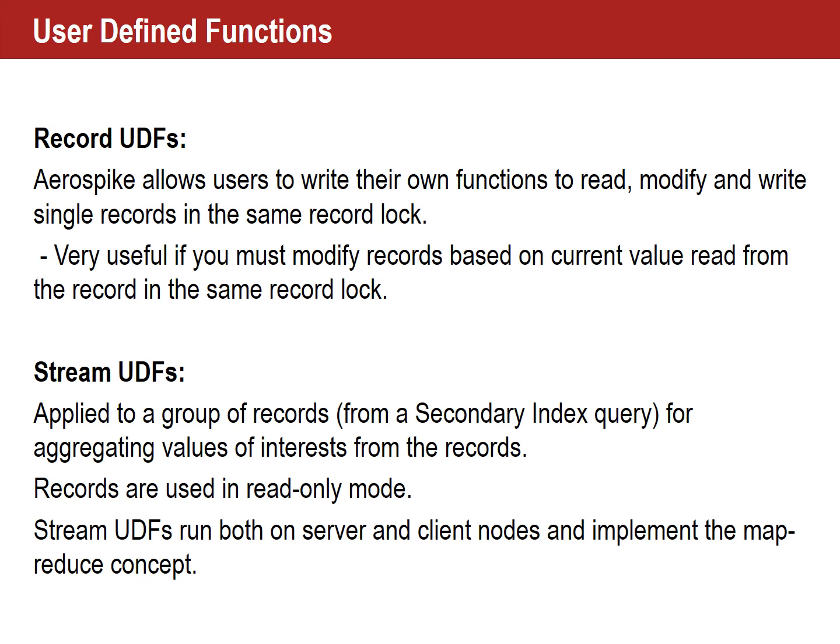You can consume these records in a read-only mode to do aggregation such as computing averages, etc. using what we call stream UDFs. Now we also allow you to use what are called record UDFs if you want to update or modify or read single records. So Aerospike allows you to write your own user-defined functions that allow you to bring essentially compute to the data.